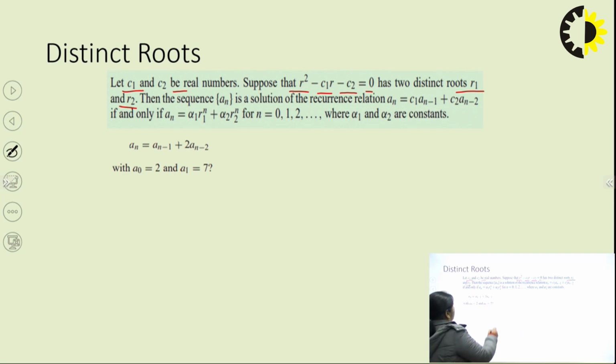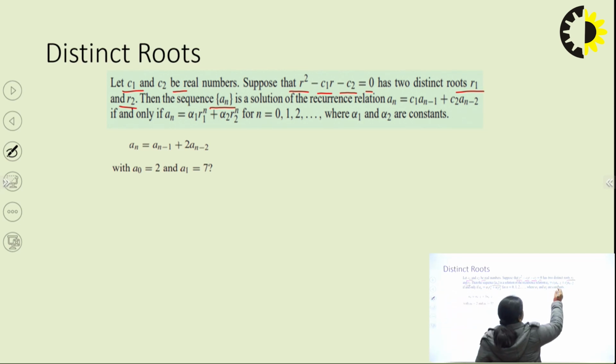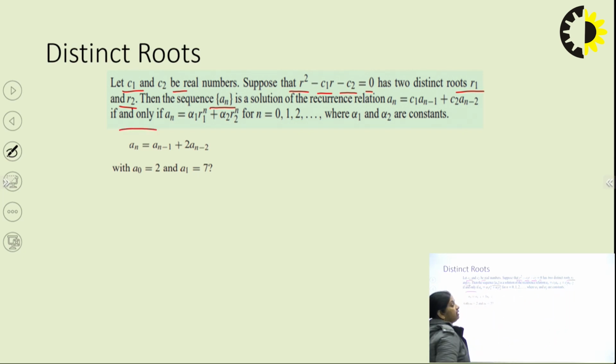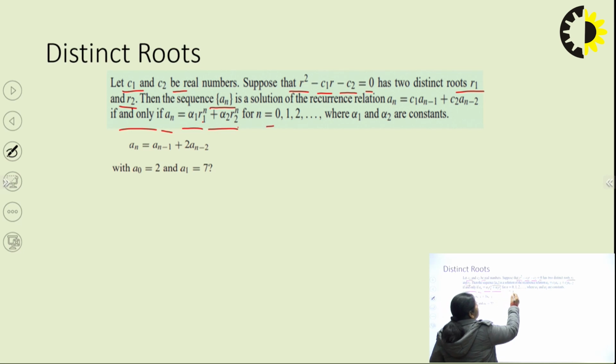Then an is a solution of the recurrence relation an is equal to C1 an minus 1 plus C2 an minus 2 if and only if an is equal to alpha 1 r1 to the power n plus alpha 2 r2 to the power n for n is equal to 1, 2, 3, where alpha 1 and alpha 2 are constants.